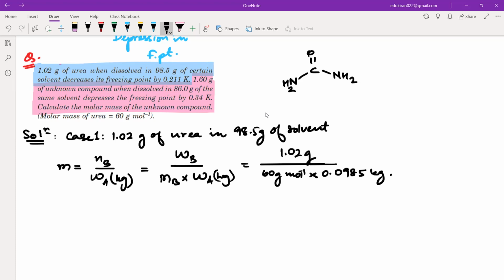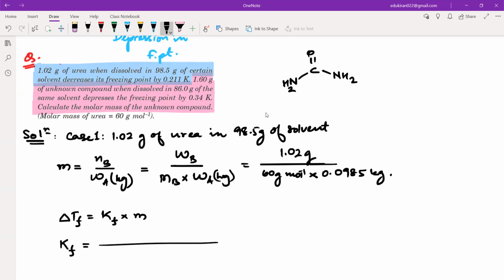Now you have also been given the delta TF, decreases its freezing point, that means depression in freezing point we have been given. अब हम क्या करेंगे? delta TF is equal to KF into m. Now from here we will calculate the KF, which will be equal to delta TF upon molality.